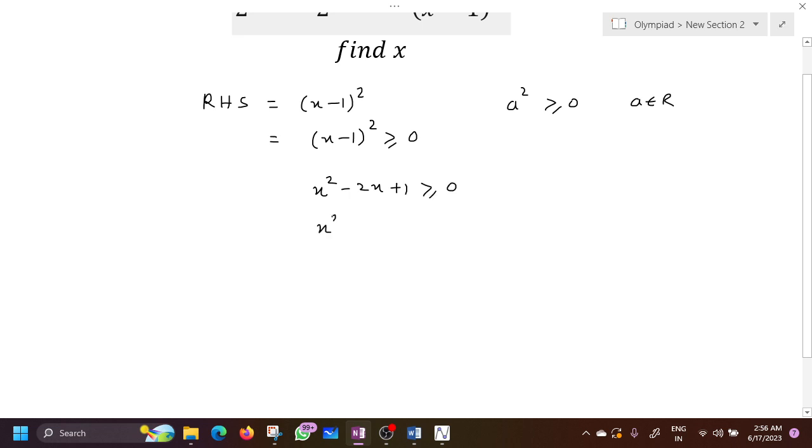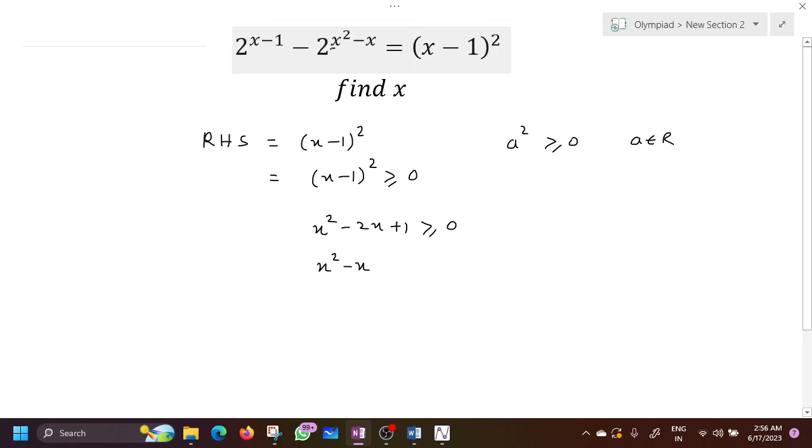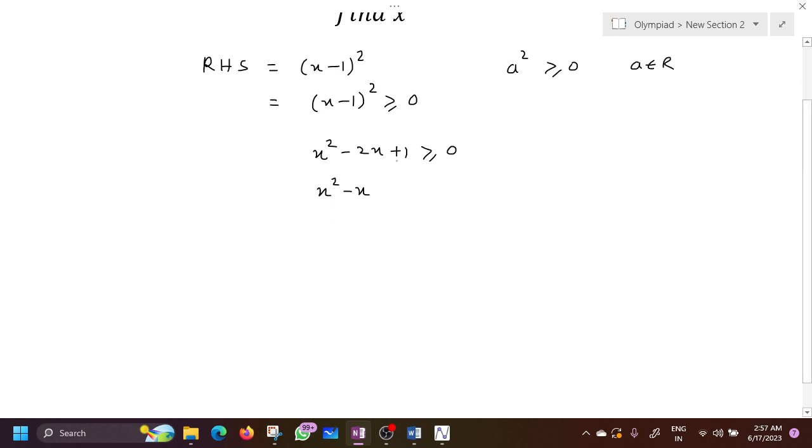I am breaking it into x square minus x, taking the clue from here. So x square minus x plus 1 will be greater than or equal to 0. Let us take out this quantity from this equation. In the equation, x square minus x will be greater than or equal to x minus 1.